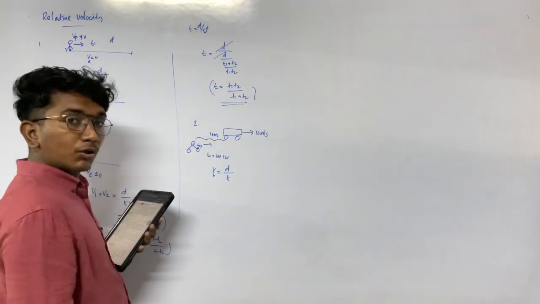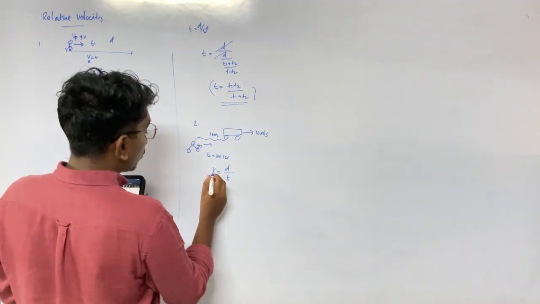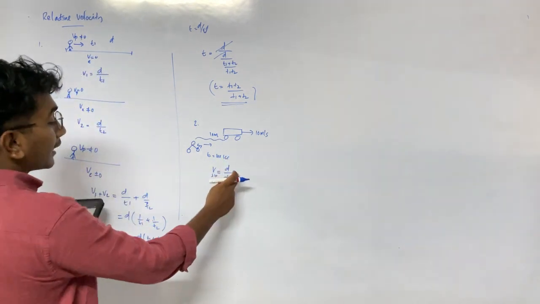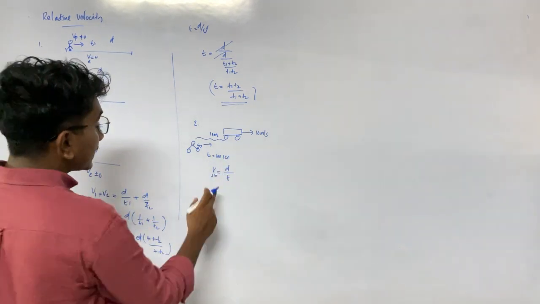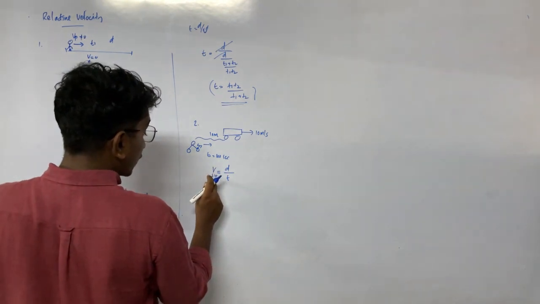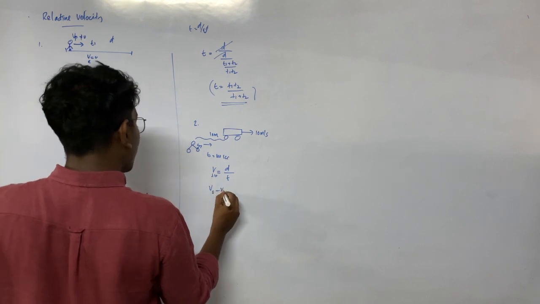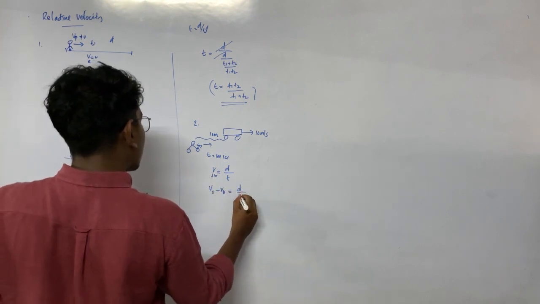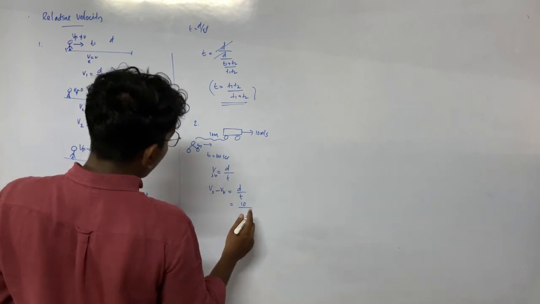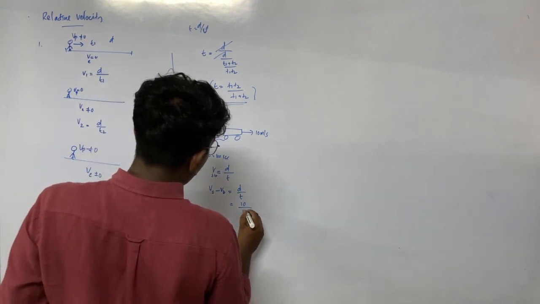So V scooter with respect to bus, V scooter minus V bus, should be equal to distance upon time. So how much is distance? 10 meter. How much is time? Time is equal to 100 seconds.